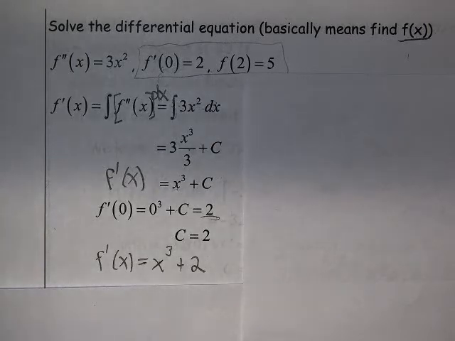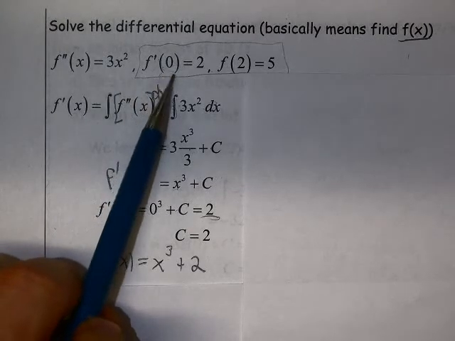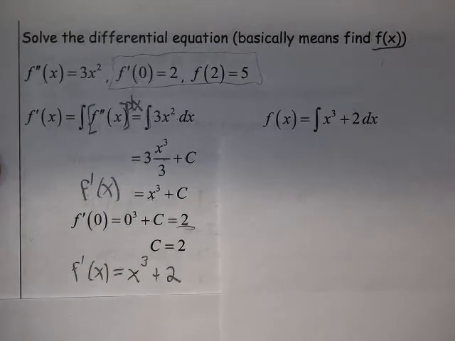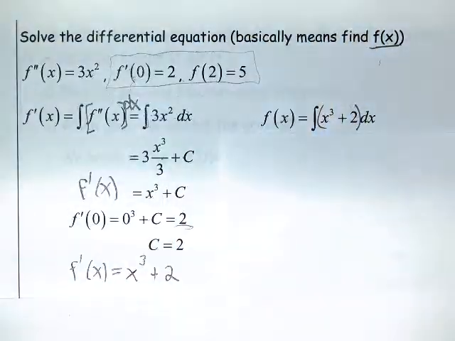I wouldn't know that just from looking at the second derivative. I need this additional information that tells me what f prime of 0 was. Now we're going to start with that x cubed plus 2, and I want f of x. So in order to find f of x, I have to take the indefinite integral again.